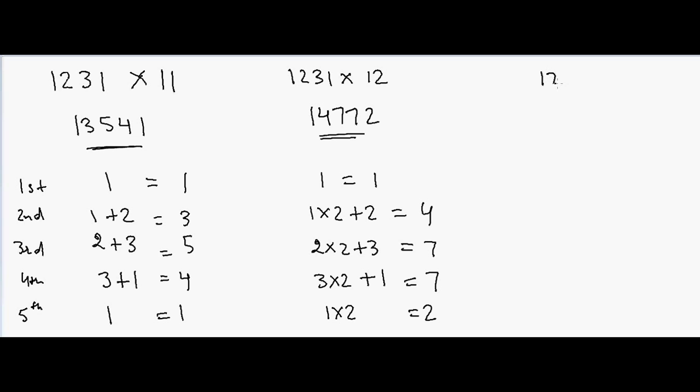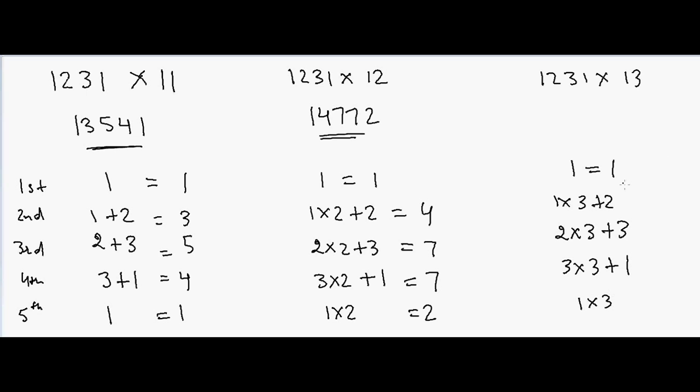Again, if I have to multiply by 13, then the answer will be equal to 1, 1 into 3 plus 2, 2 into 3 plus 3, 3 into 3 plus 1, and 1 into 3. So that will give me 3 plus 2 is equal to 5, 3 into 2 is 6 plus 3 9, and 3 into 3 is 9 plus 1 10.